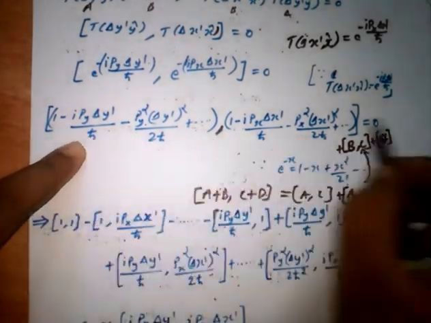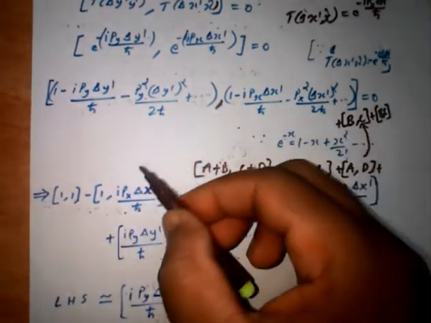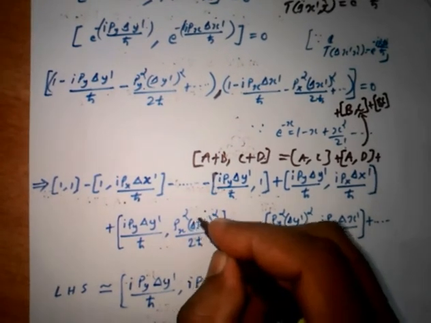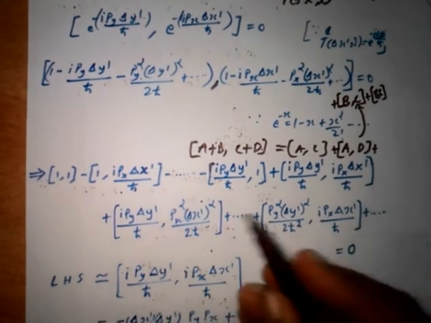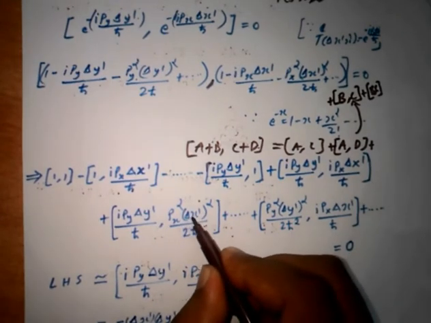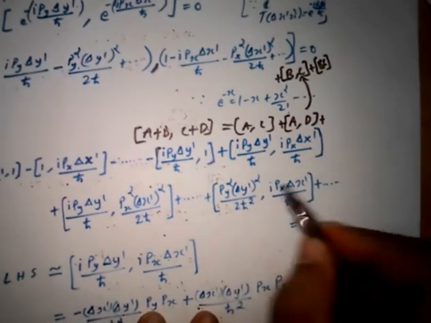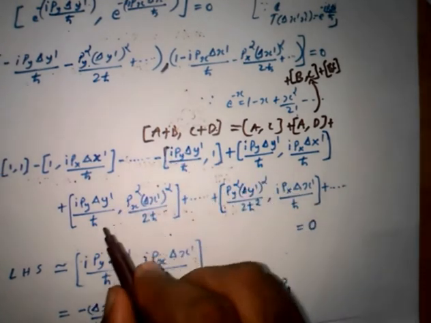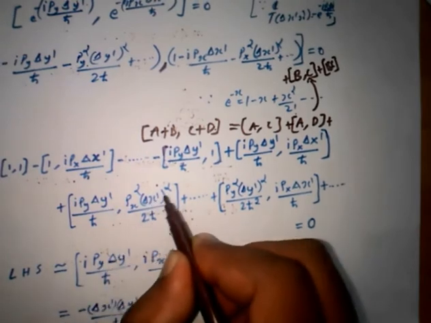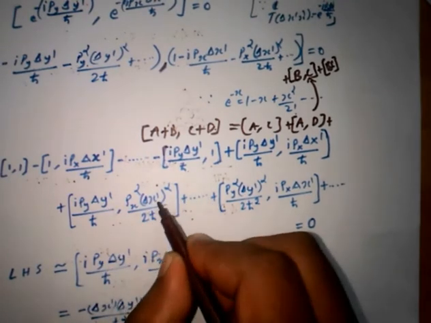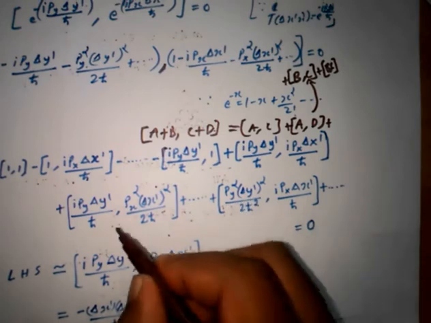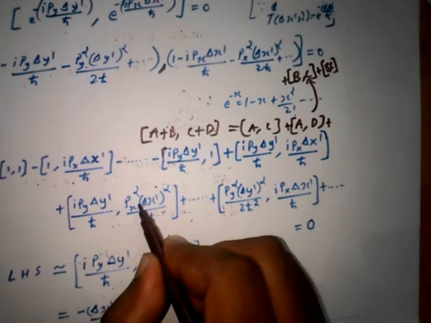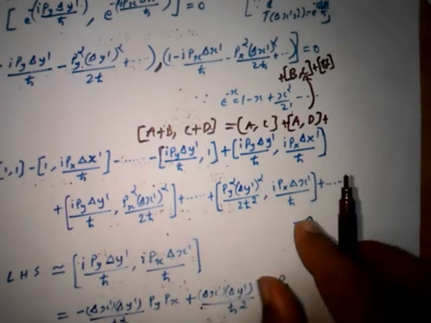Using these terms, we will expand this whole expression, and we are skipping the second order terms, because in the second order term here it's δx' squared, here it's δy' squared. We skip all these terms because they are negligible values. Even if δx' is finite, it is very small, so we can neglect the second order terms.